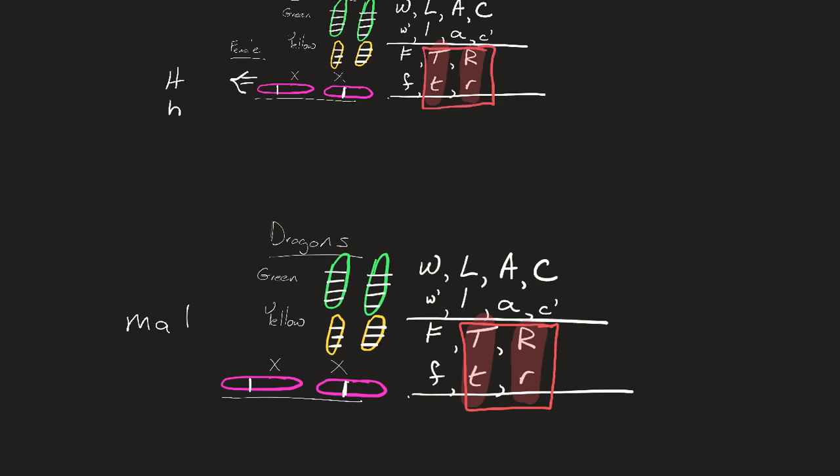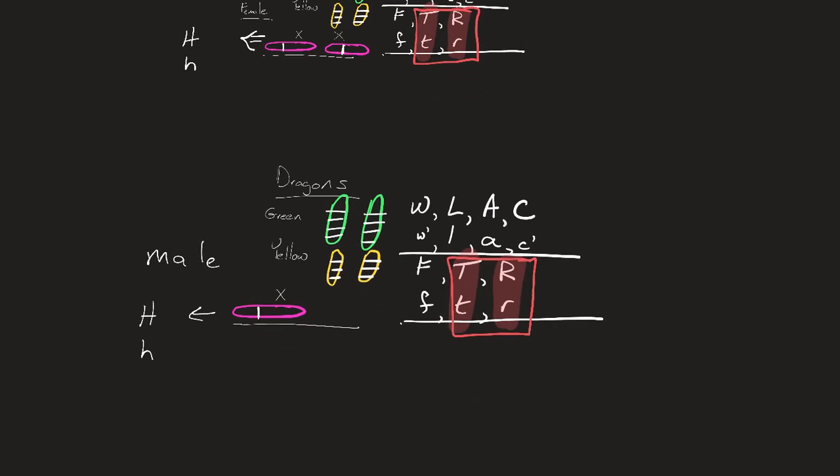The difference is that this female dragon has two X's, and this male dragon has one X. So they have one copy of the H, either big H or little h, whichever you want. But then they have one copy of the Y, which also has a gene on it. What's that gene on the Y?